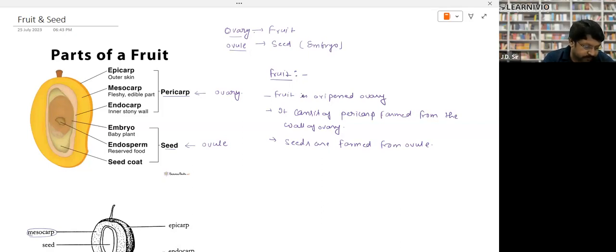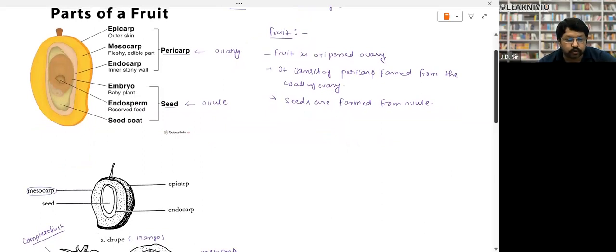One more important thing. There are fruits which are called false fruit or true fruit. So what is the difference between the false and true? So please note down.